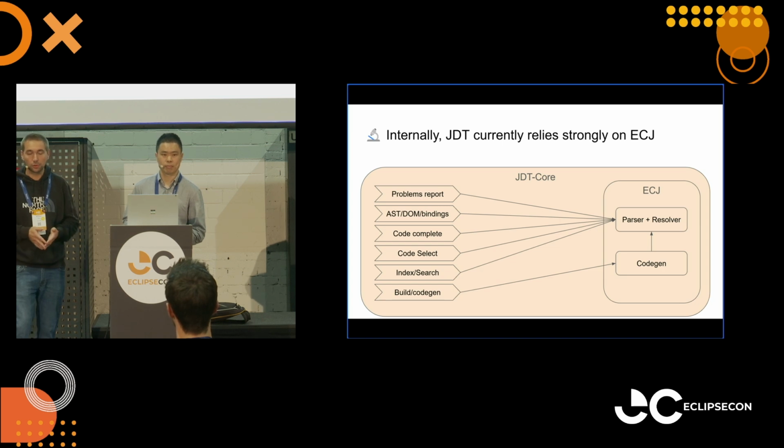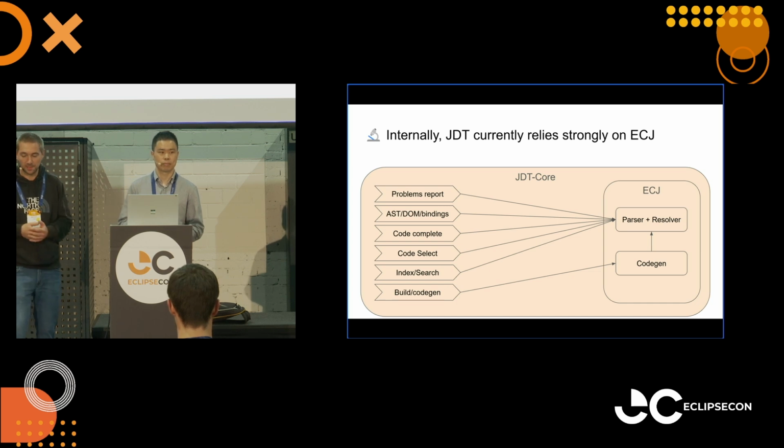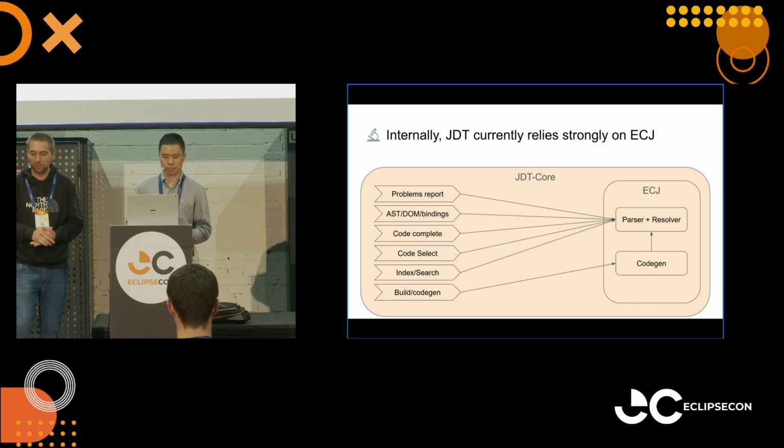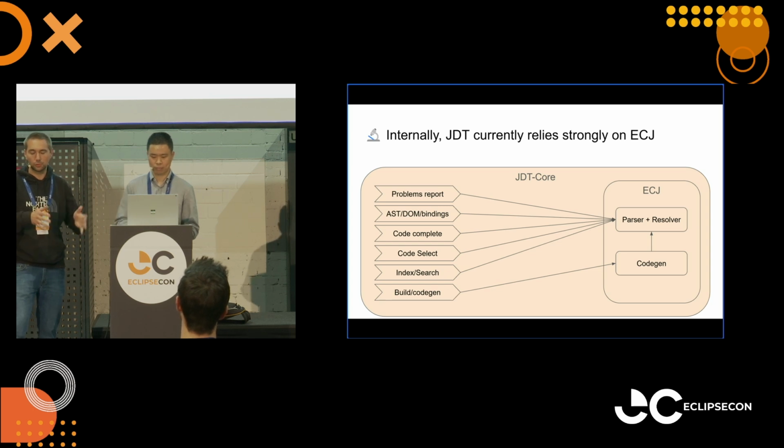You have search, and for the Java world, you also have compilation. Those are the features expected by users to get a usable IDE. And each of those features in JDT currently directly uses the ECJ API for parsing, for resolving, and for code generation. So those features rely on the Eclipse compiler for Java.